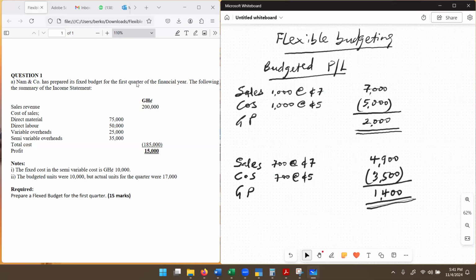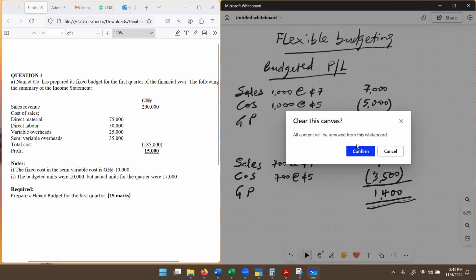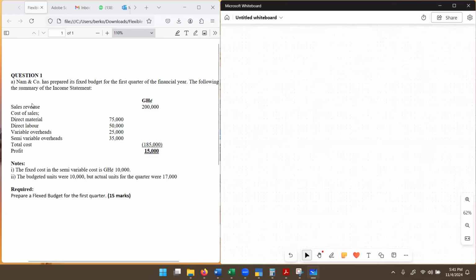All right. So now let's pick this example. This is a past question where we were asked to flex this budget. So let's read this question. Nam and Co has prepared its fixed budget for the first quarter of the financial year. The following is the summary for the income statement. Sales revenue, 200,000. Cost of sales: direct material, 75,000.